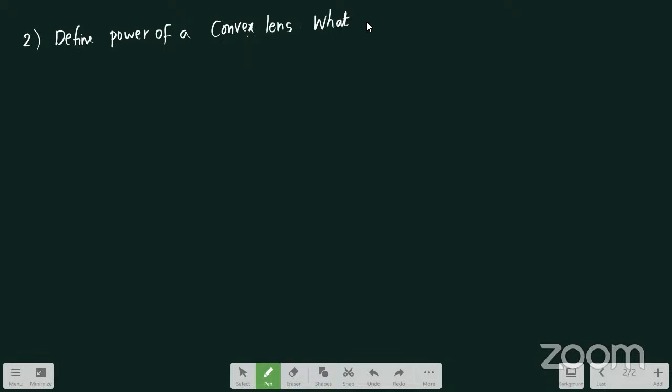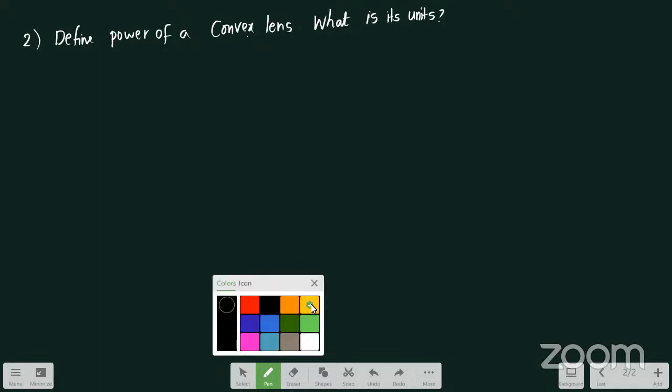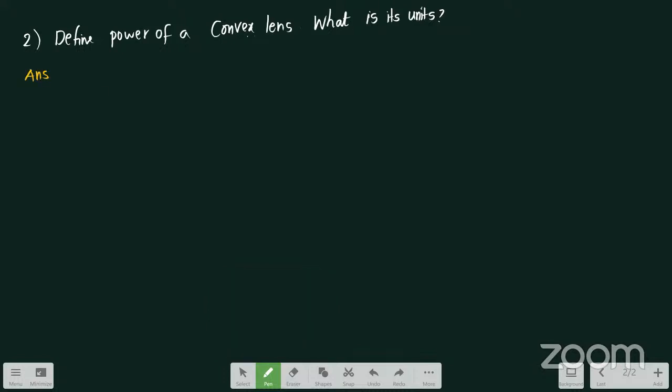What is its unit? So very easy answer. I hope everyone knows. Power of a convex lens is given as P is equal to 1 by F. P is equal to 1 by F.